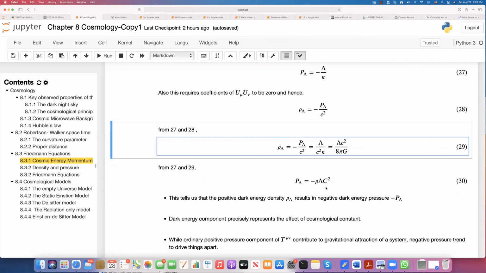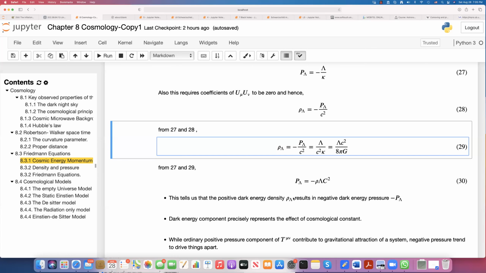And what is important here is this tells us something important about the dark energy. The positive dark energy density rho lambda results in a negative dark energy pressure P lambda. So if the pressure is positive, then the density is negative, and vice versa.